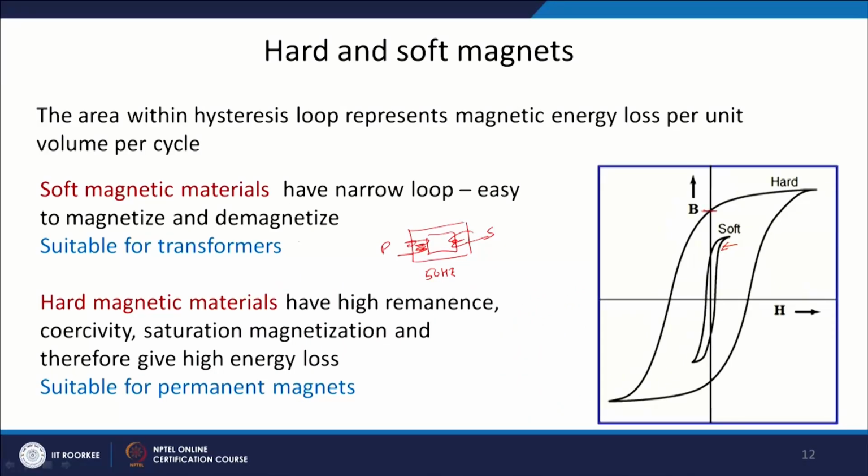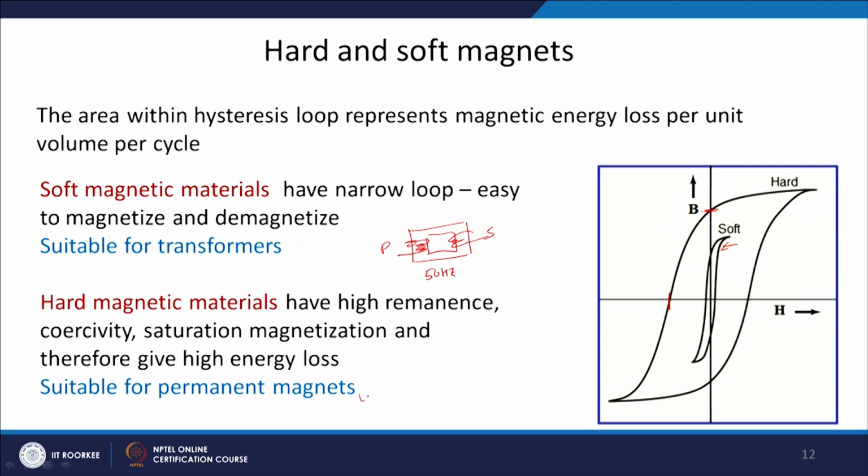Now, hard magnetic materials are also important. They of course have high remanence. They have higher coercivity, saturation magnetization will also be higher, and that is why they have higher loss of energy. But for materials where you do not want to keep changing their magnetization condition, these are important.